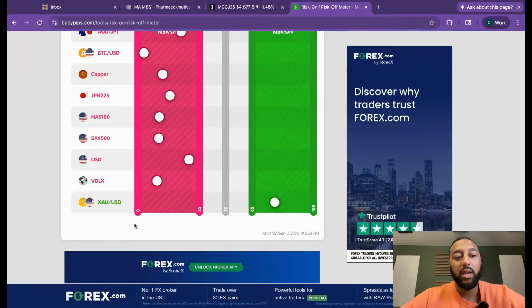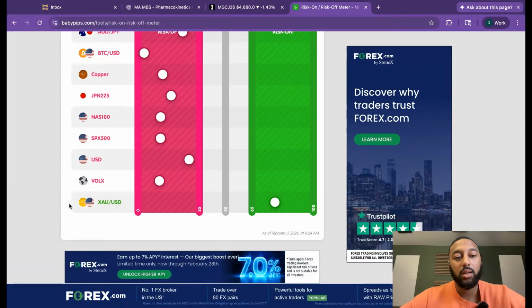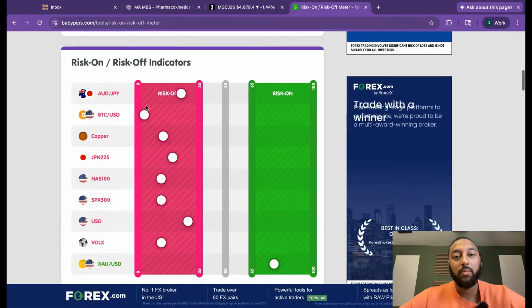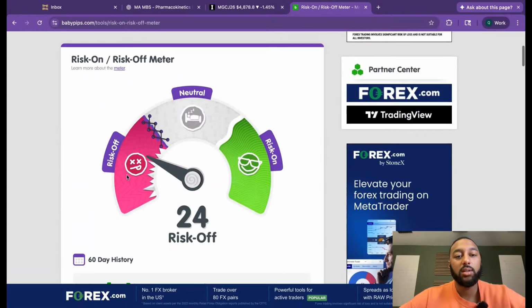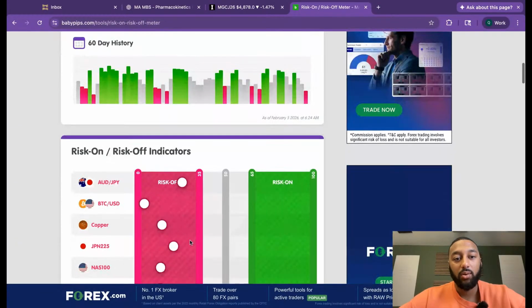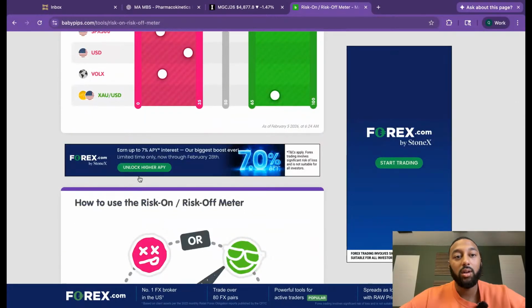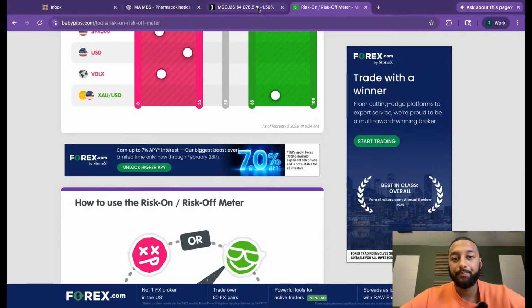Gold's a very unique asset, right? Just because there's so much confluence, so much going on in there. I really like how Babypips breaks this down from a broader level, yes, but also on an individual level, right? Because yeah, we're risk off, but gold risk on. Something to pay attention to.